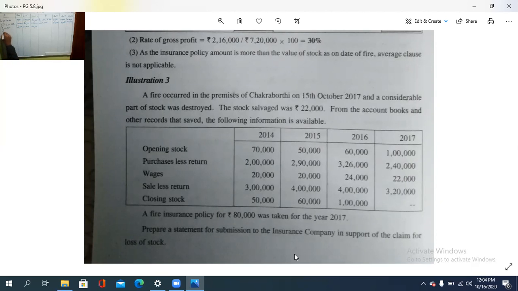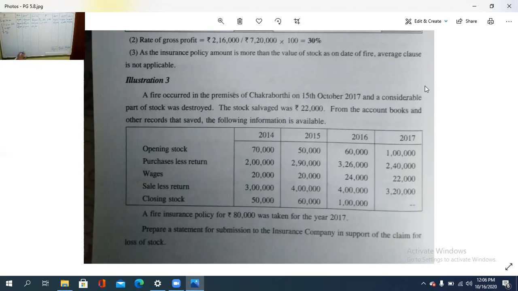Then we need to calculate the gross profit. So here how much it is? 3,50,000. So listen, 3,50,000, 4,60,000 and 5 lakh is the total.